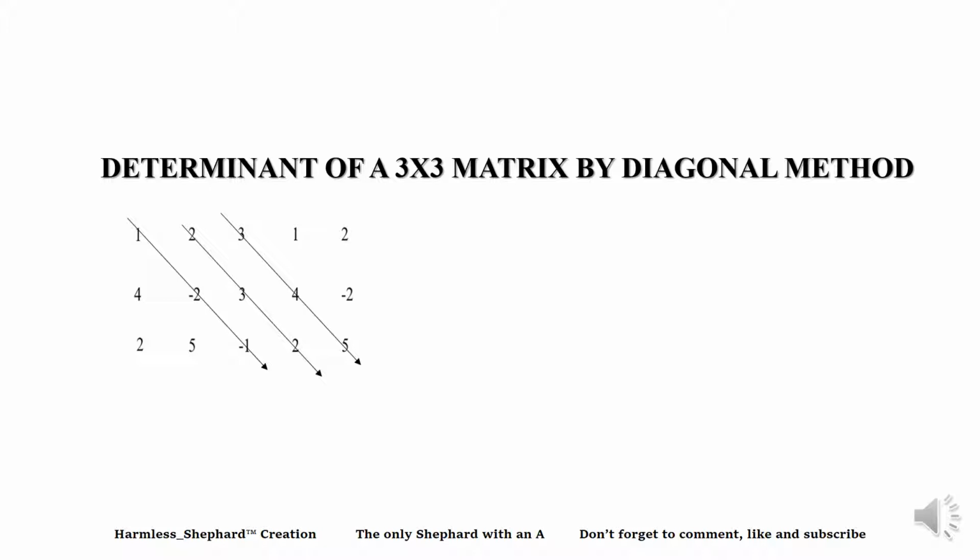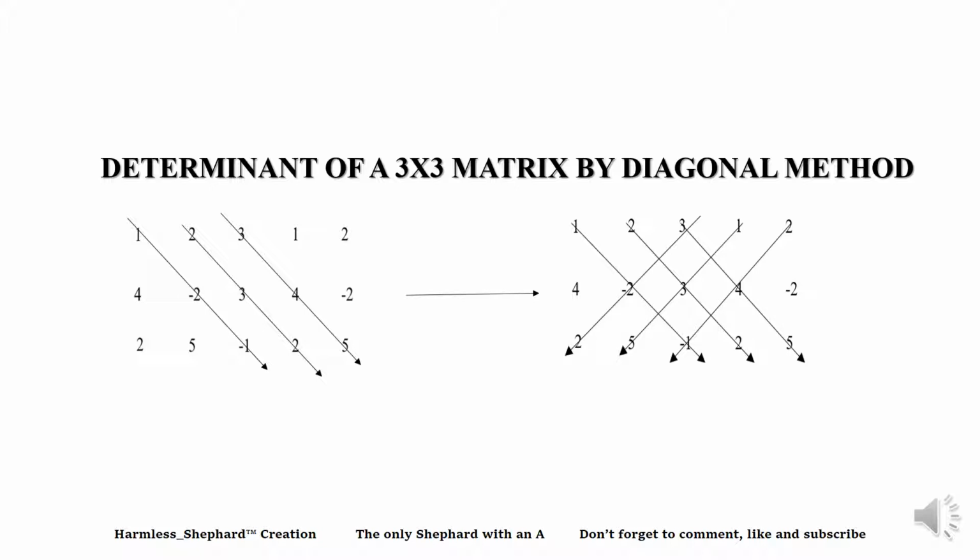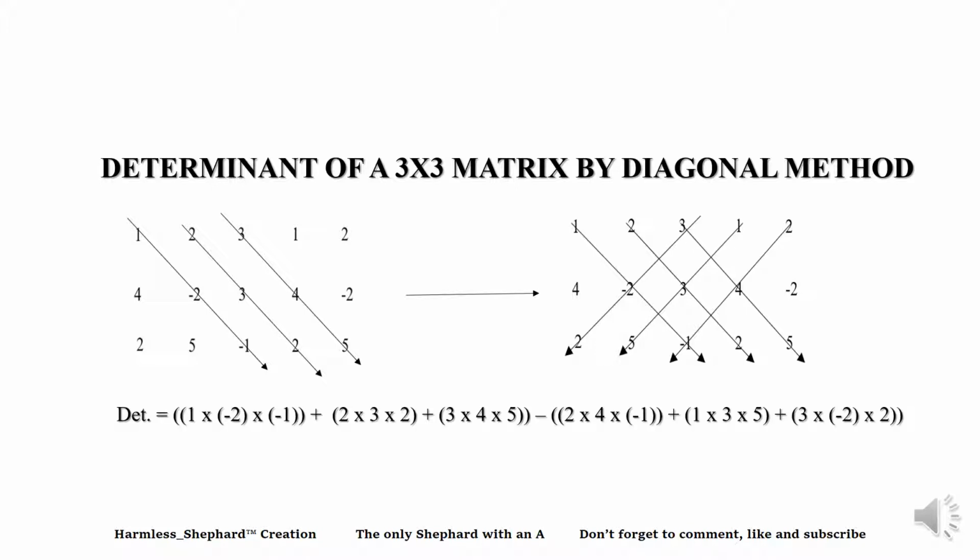Then we now turn again to multiply 2, 4, and minus 1, 1, 3, and 5, 3, minus 2, and 2. Now look at it here.